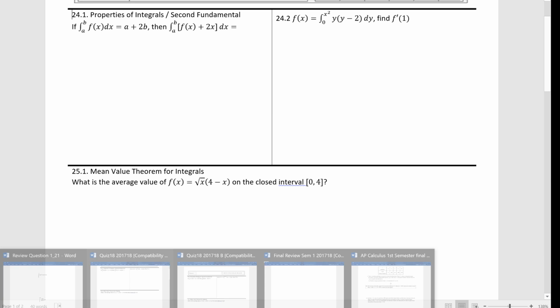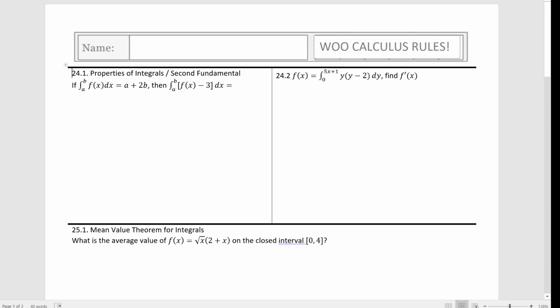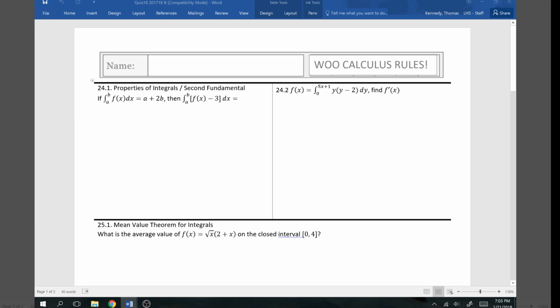So this was quiz A, so now quiz B. If you're like, that example wasn't good enough, here we go. In this one, we're still splitting this up into two integrals. One for the integral from a to b of f of x dx, and one for the integral from a to b of negative 3 dx.